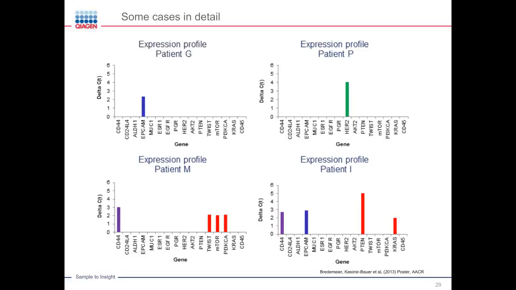And another interesting profile is patient E, because in the first instance you would say, yeah, CD44 is on, therefore this is a tumor stem cell-like cell, but we also see AdCam suddenly. We see PTEN, which is actually an intrinsic inhibitor of the PI3K pathway. And we see suddenly KRAS that could give us an idea: if it's not the PI3K pathway in breast cancer that is making the metabolism of this cell dangerous, is KRAS probably a resistance mechanism?